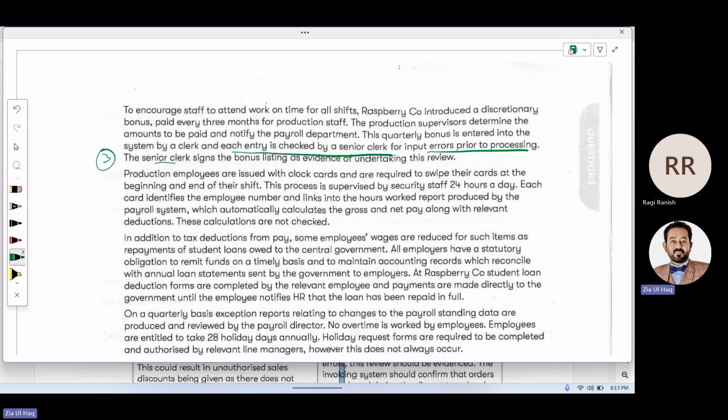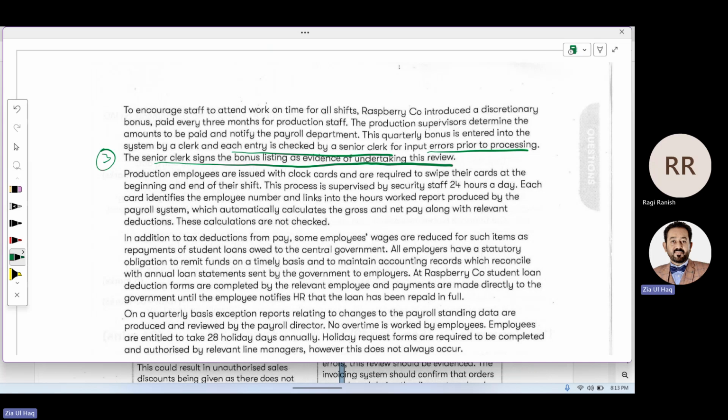The senior clerk signs the bonus listing as evidence of undertaking this review. It means he is signing the bonus listing. So what do we need to do? Evidence will be sought by comparing the signed bonus list to the system, looking for the same amount to ensure the bonus is reviewed by the senior.